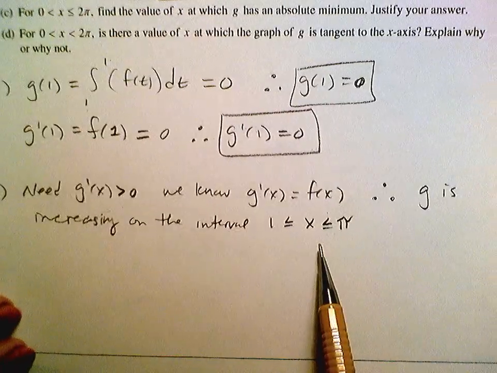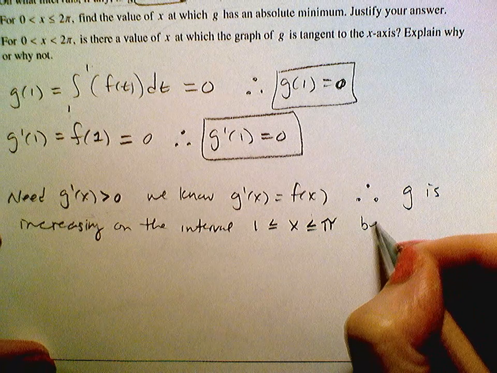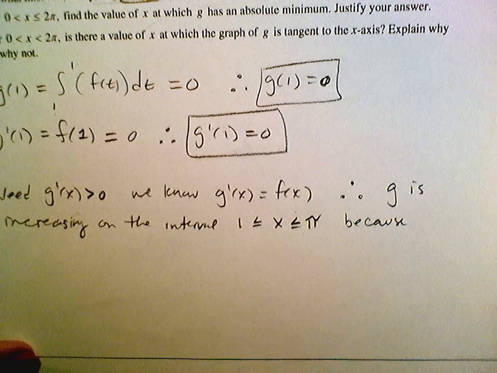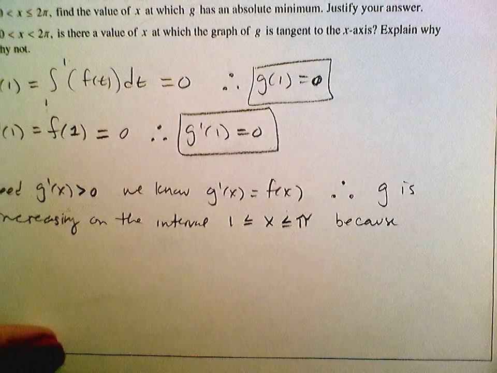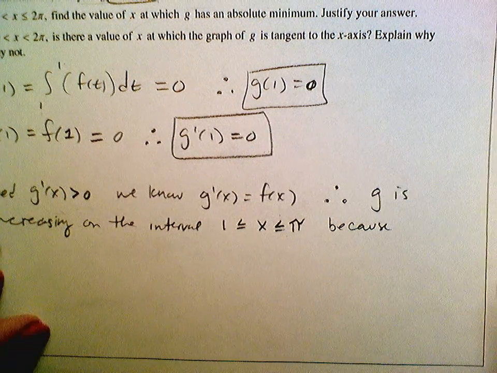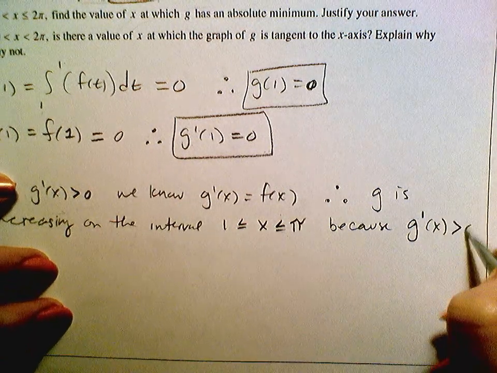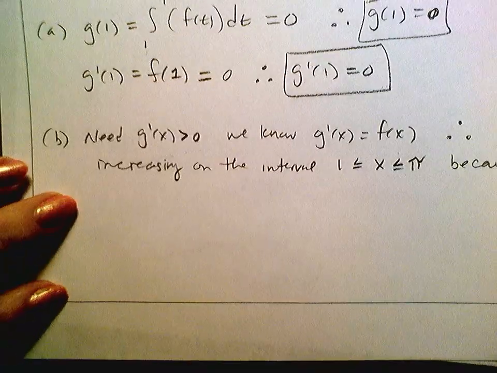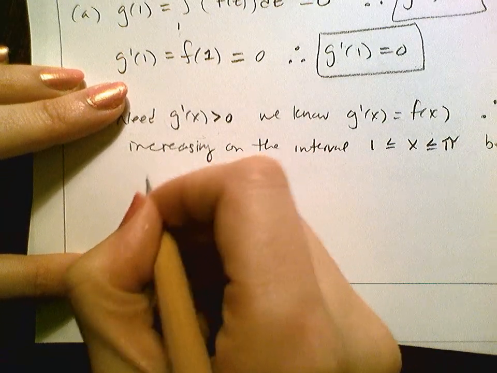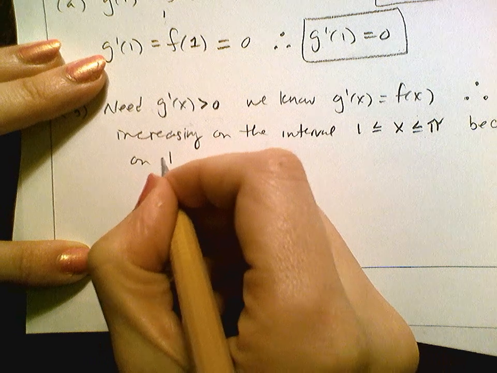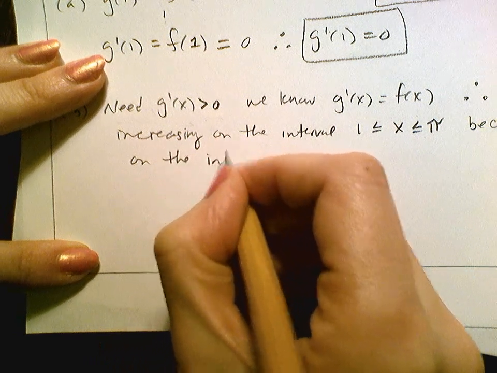All right, but it's increasing on this interval because G prime of X is greater than 0. Wait, why don't I say this?